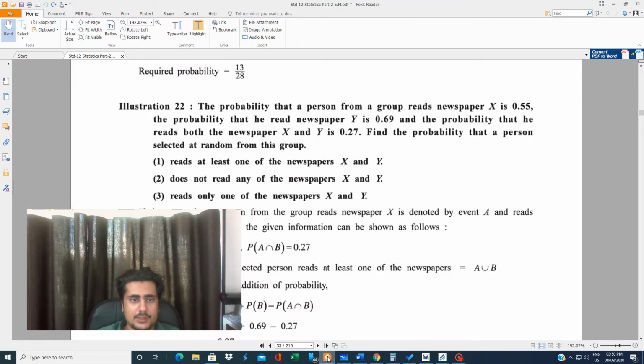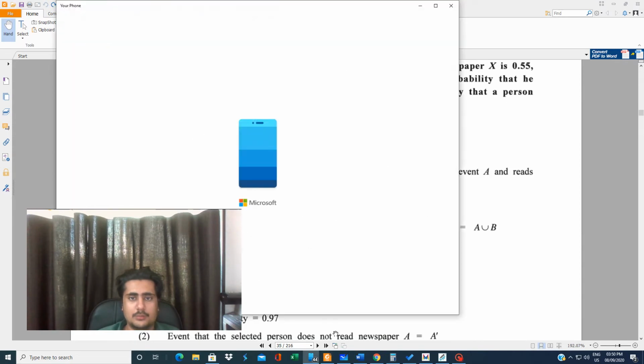After that, what is given? It is given the probability that he reads both the newspapers. Now, both means what?